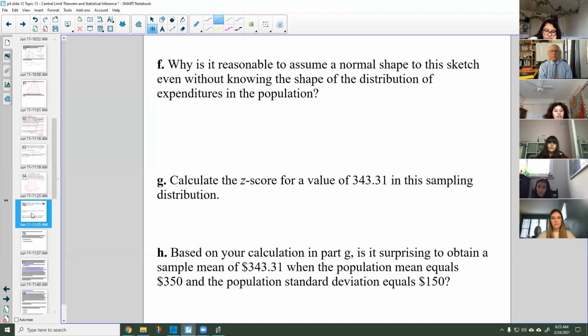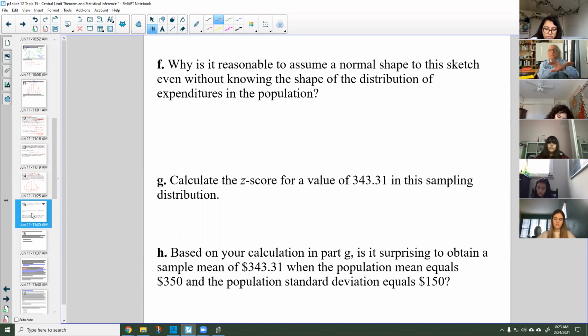Why is it reasonable to assume a normal shape, even without knowing the shape of the distribution of expenditures in the population? Okay, so I'm gonna comment on this. It's a normal shape because n is greater than 10. Everybody okay with that?